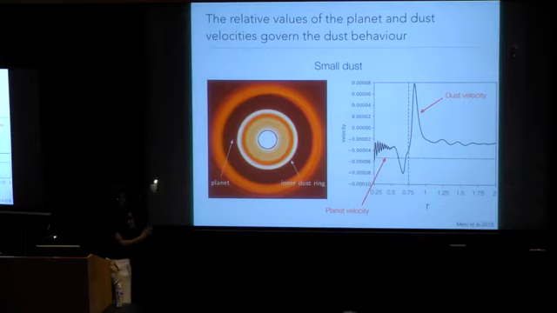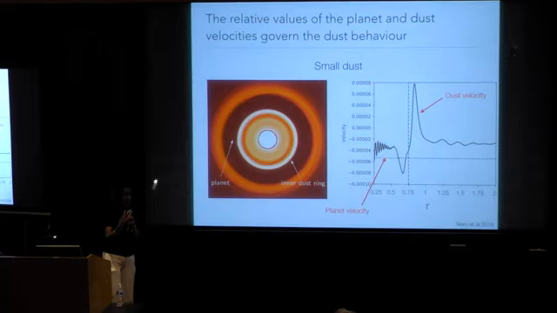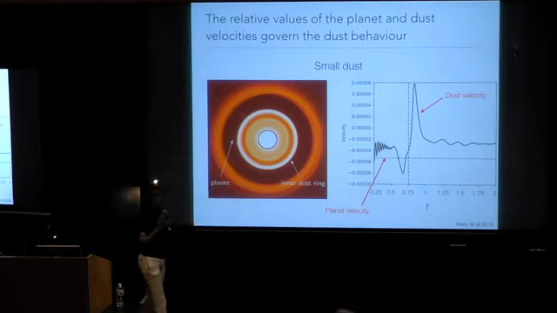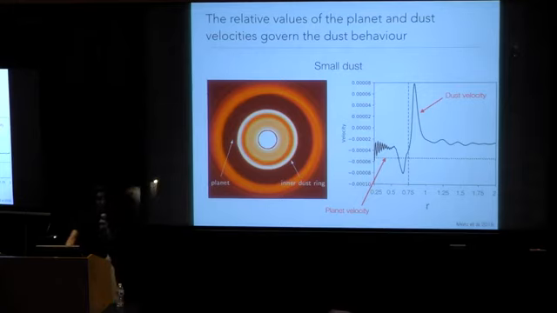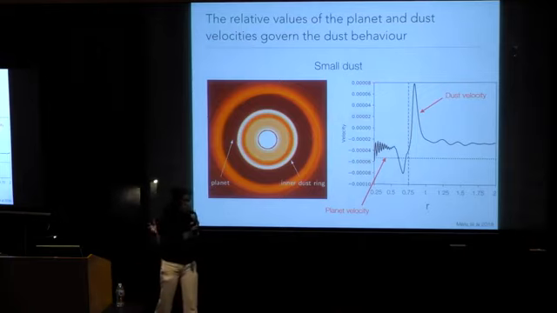These ones were, I think, 10 to the minus 3 or 10 to the minus 2. To put this in context of actual observed disks, the transition between small dust and large dust, the inner ring to the outer ring, would typically happen at about millimeter sizes for a typical 30 Earth mass planet at about 30 AU in a typical protoplanetary disk.